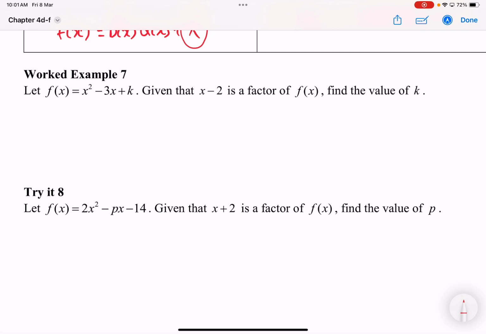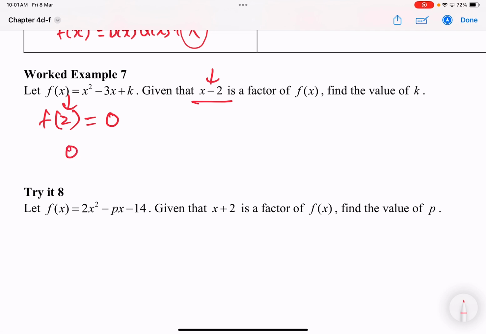If we know that x minus 2 is a factor, the concept they are testing is that if you substitute in f(2), you make the divisor 0, you substitute that value inside f(x). If it is a factor, will there be a remainder? No. So the remainder will be 0.